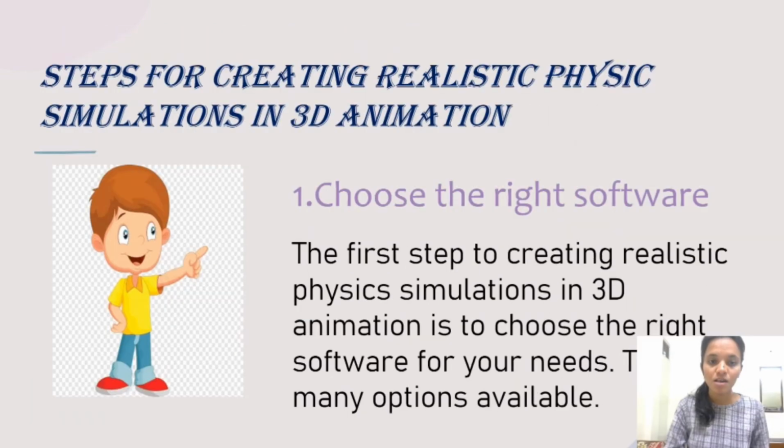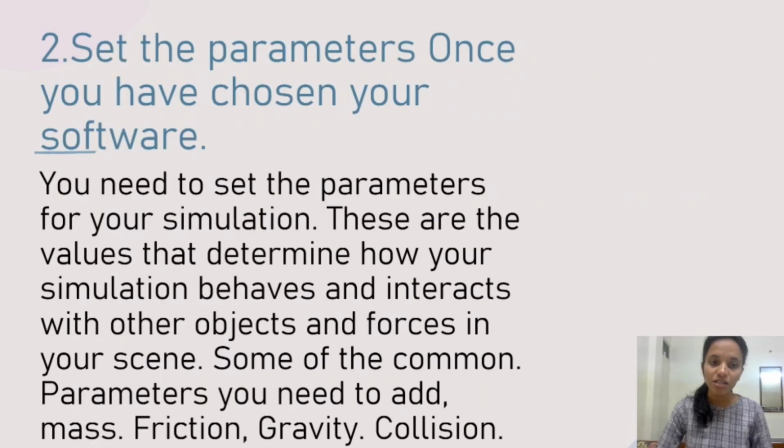Steps for creating realistic physics simulation in 3D animation. The first one is choose the right software. The first step to creating realistic physics simulations in 3D animation is to choose the right software for your needs. There are many options available. The second one is set the parameters.